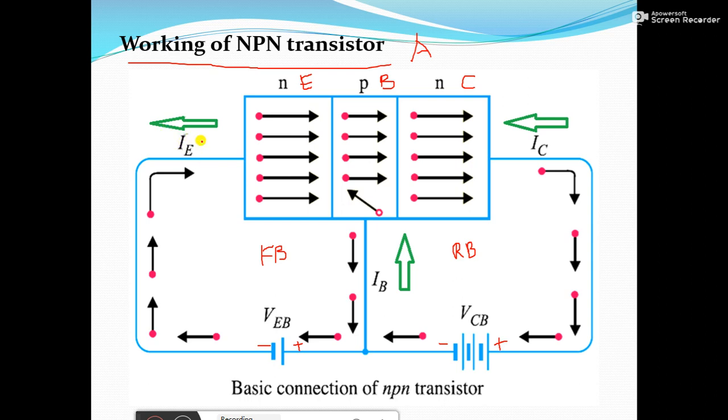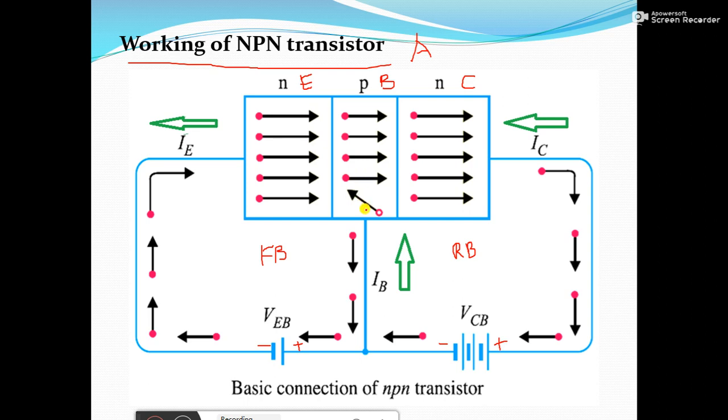That is the emitter current. Next, as the electrons flow via the P type base, they tend to combine with the holes in the P region, or you can say the base. Due to the light doping, very few electrons, approximately 5% of the emitted electrons, combine here with the holes in the base region.